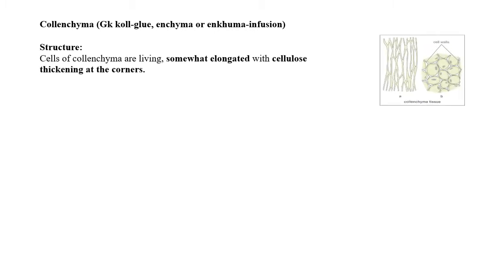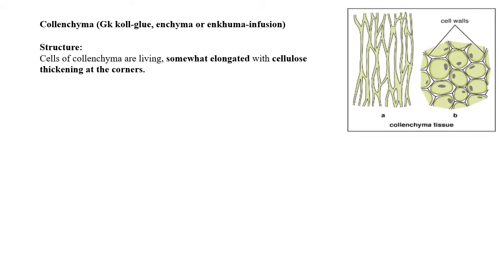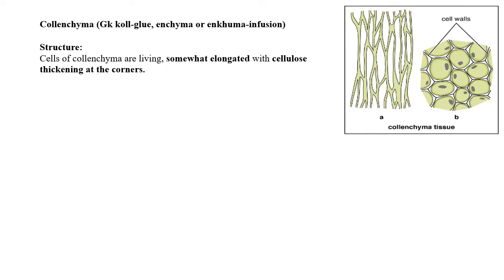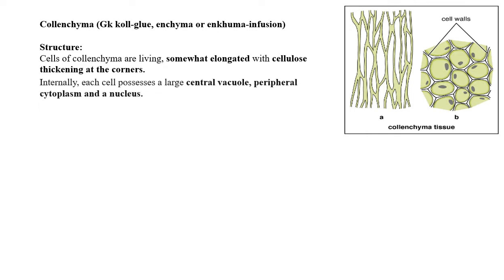Collenchyma. Col, glue, enchyma, infusion. Structure. The cells of collenchyma are living, somewhat elongated with cellulose thickening at the corners. Internally, each cell possesses a large central vacuole, peripheral cytoplasm, and a nucleus. Distribution.